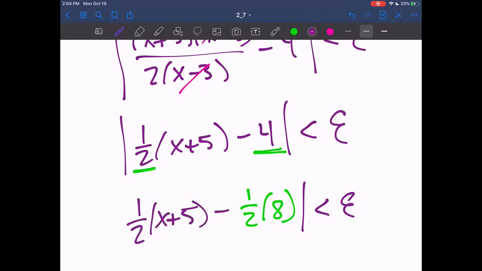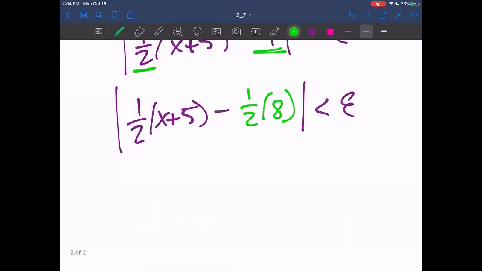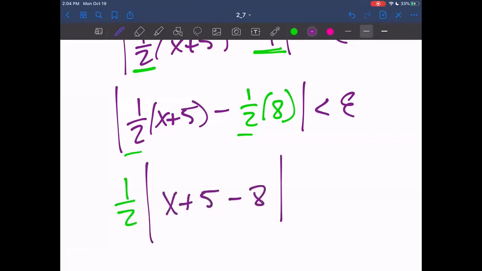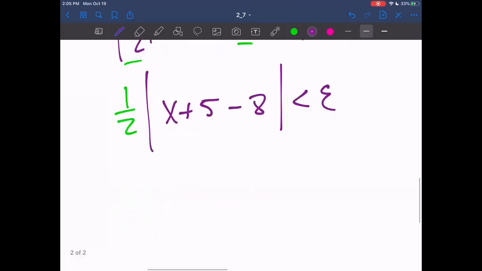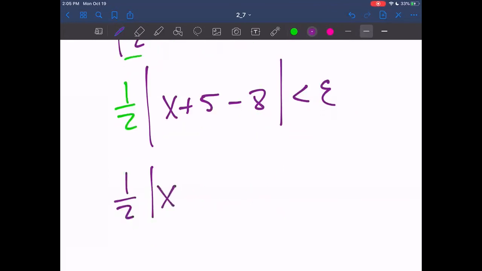Since I can rewrite it that way, I can factor out my 1/2. So I get 1/2 times (x plus 5 minus 8), which simplifies to 1/2 times absolute value of x minus 3 is less than epsilon.